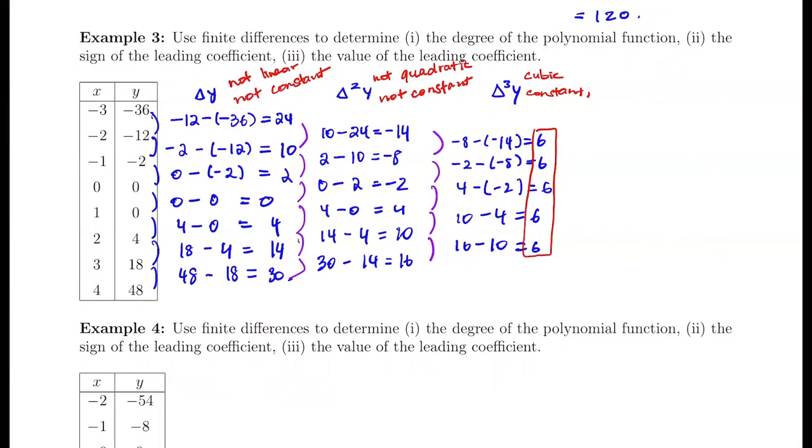So for part 1, the degree here is 3, because the third differences are constant.